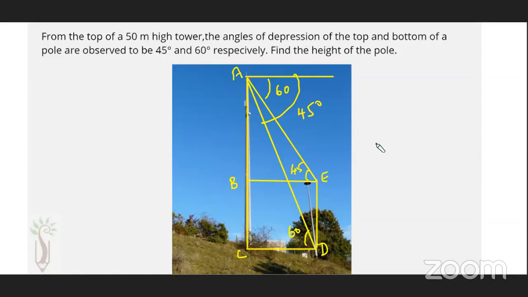Is it where I've written the alternate angle part or where I've marked the depression? Take your time. The depression part. So where I've written 60, I should write 45. Right. This is a very common mistake that many students make.